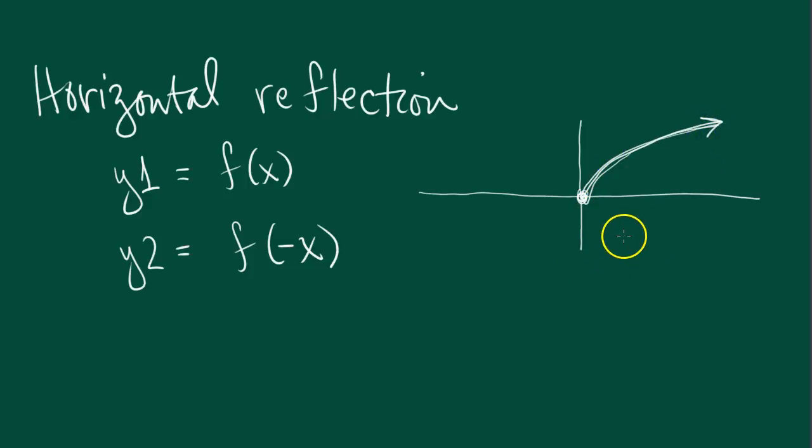Okay, so there we have a square root function. And if this is y is equal to the square root of x, then the big question is, what is y equal to the square root of negative x? That's inside the parentheses, so to speak.